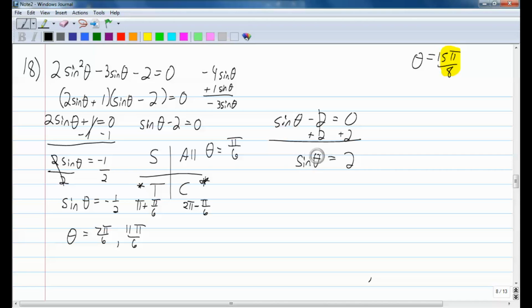You can't take the sine of something and get 2, because every answer you get when you take the sine has to be between or including negative 1 and 1. So that means there's nothing from this factor. My only two answers are 7 pi over 6 and 11 pi over 6. And on this side, you could say no solution if you want to, because you can't get any answers there.